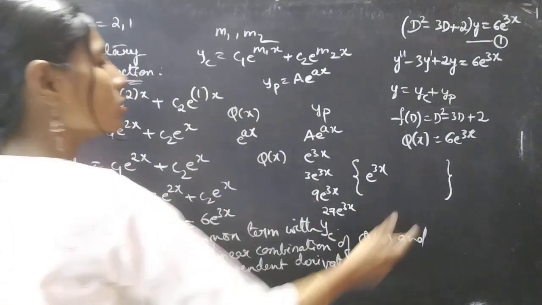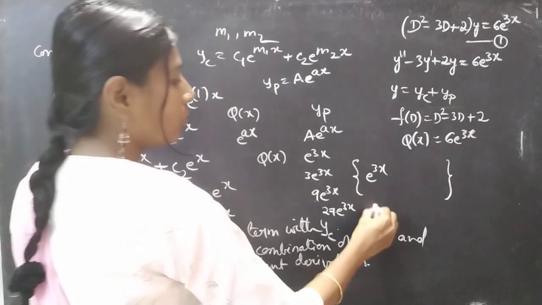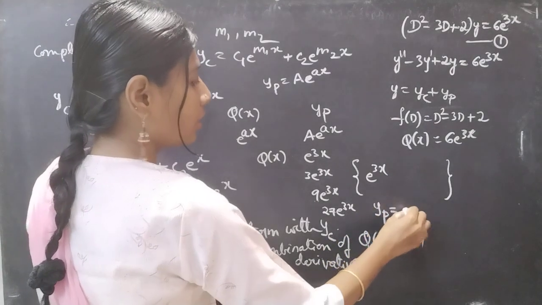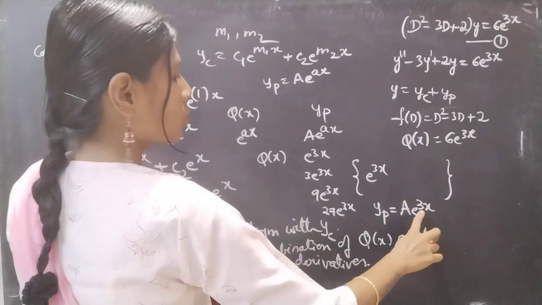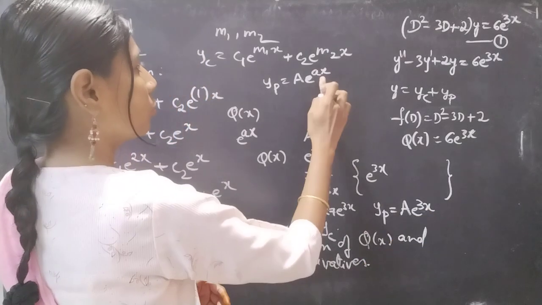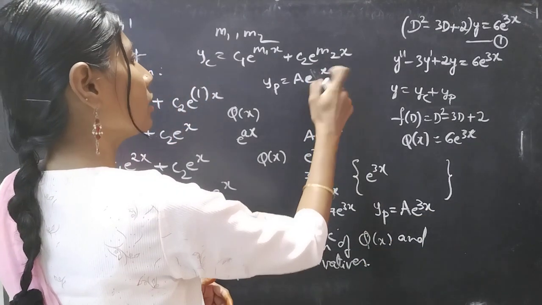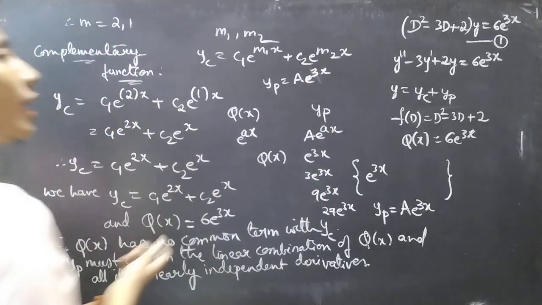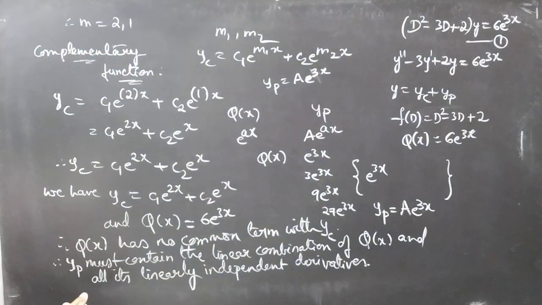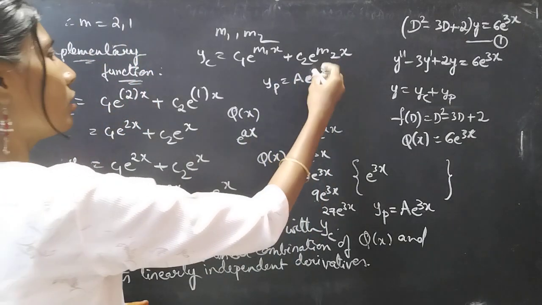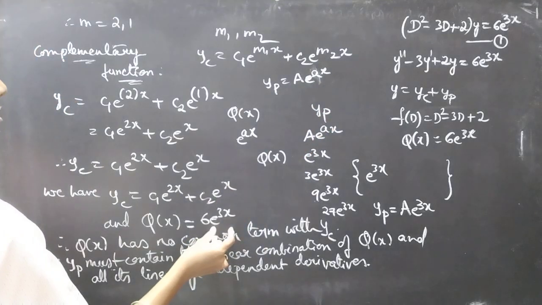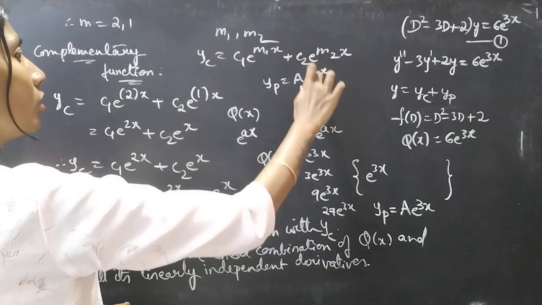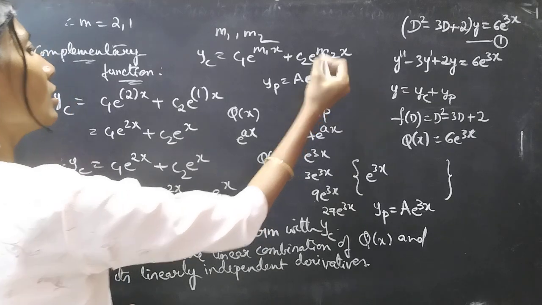Now with the help of this we'll write the formula for yp. Yp will be a into e power 3x. The coefficient of x is 3 here, so our formula for yp will be a e power 3x. We compare e power ax with e power 3x, so for a equal to 3 we just replace it by 3.